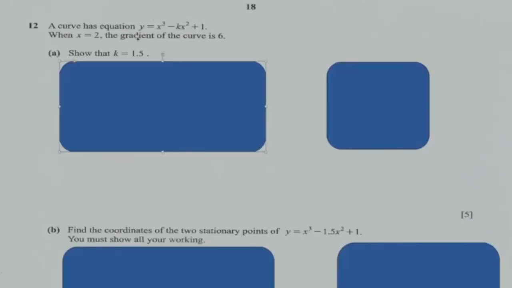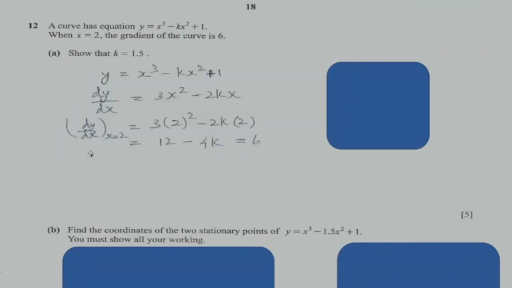A curve has equation y equals x cubed minus kx squared plus 1. When x equals 2, the gradient of the curve is 6. Show that k equals 1.5. Differentiating the equation, we get dy by dx equals 3x squared minus 2kx.